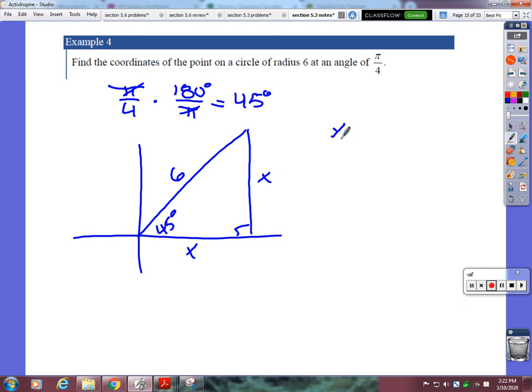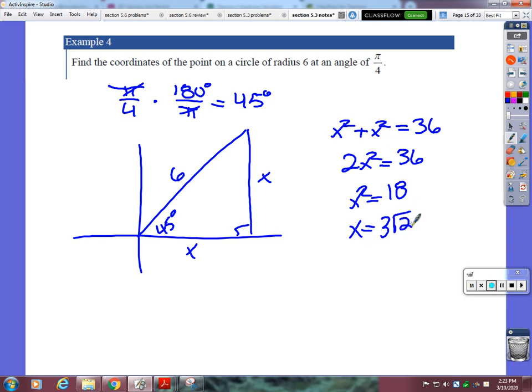So I can go x squared plus x squared equals 36. You okay with that? Okay. So that means 2x squared equals 36. So far, so good. So x squared equals 18. So now if I do my little simplifying the square root game, x equals 3 root 2.